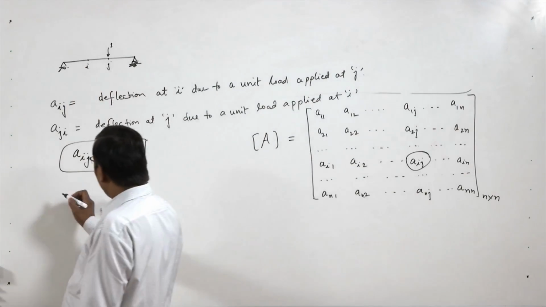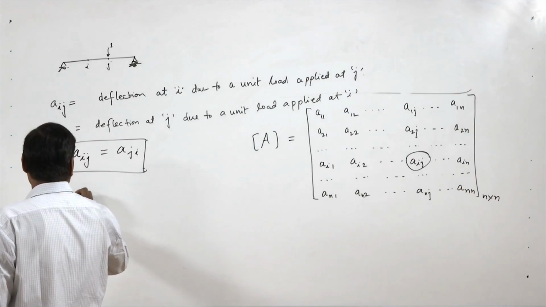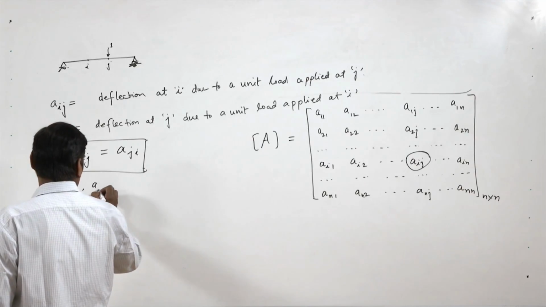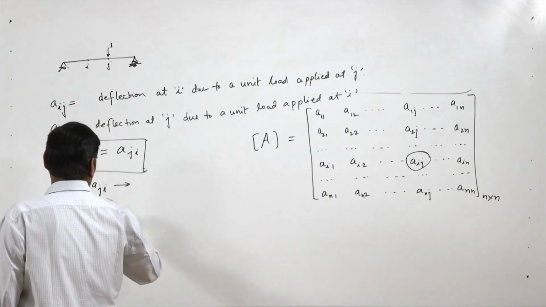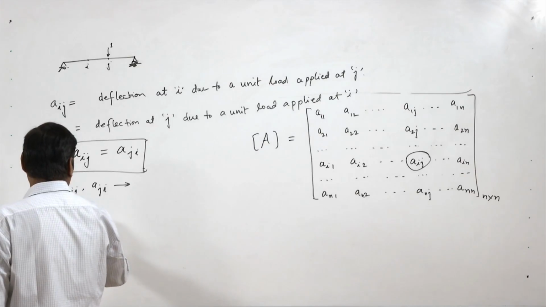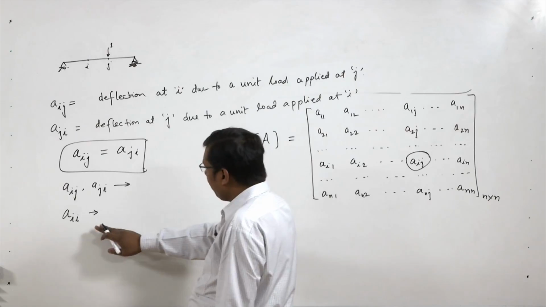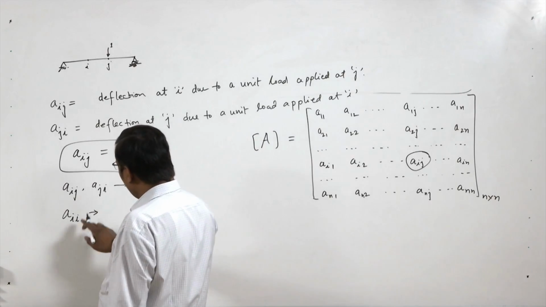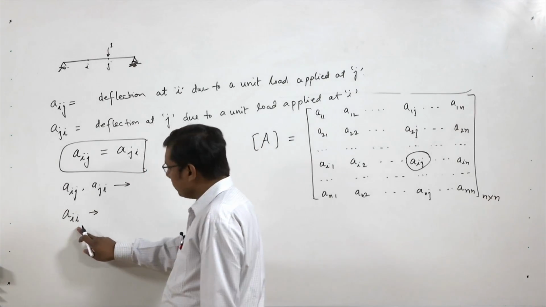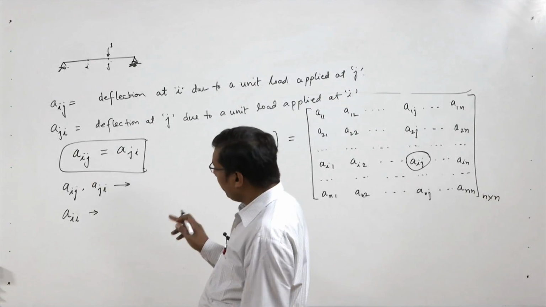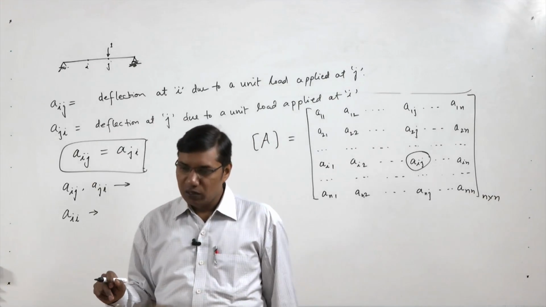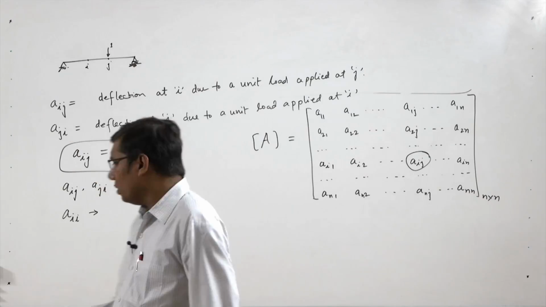Now here we have A ij, A ji, and we have also A ii. So A ii means we have the deflection at I and unit load at I, so at the same point. So we are applying the unit load at the same point and measuring the deflection at the same point.